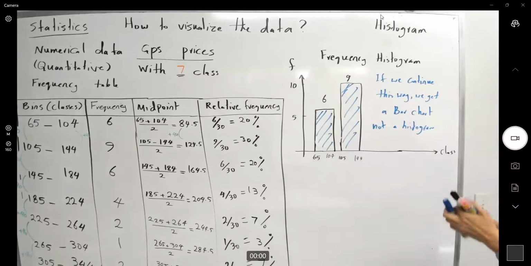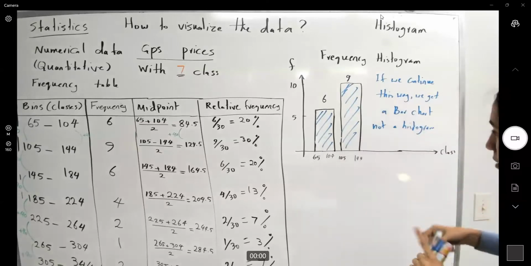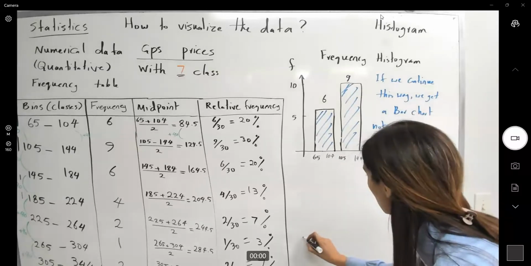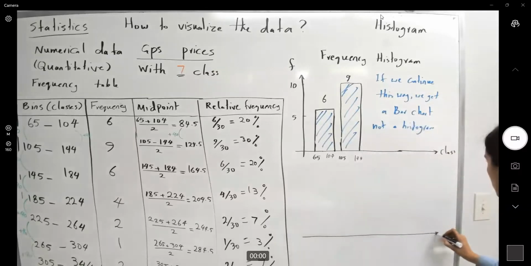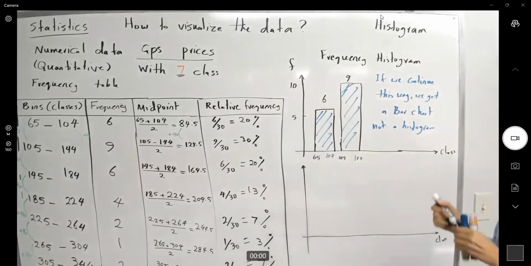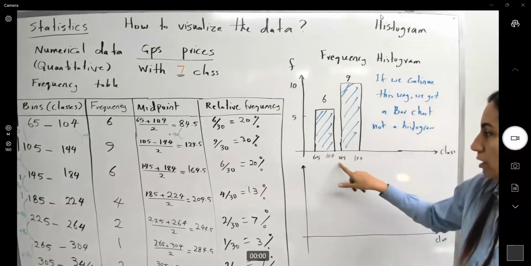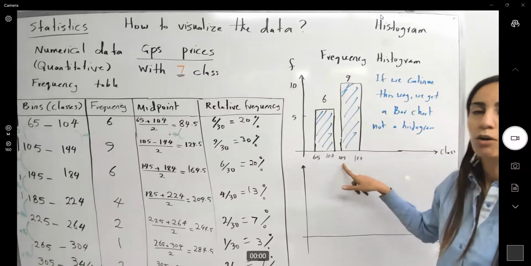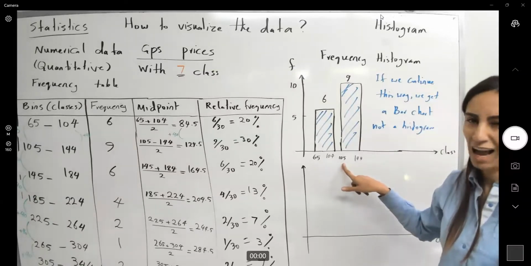So forget about this. You're going to shift these graphs, shift these bars. How? Well, the difference between these two numbers is 1. 1 divided by 2 is half a unit.